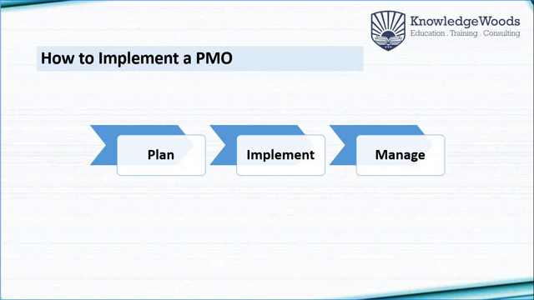Now let us take each of these stages in detail. We'll run through the basic steps we do in each of these phases or stages, and we'll also discuss the deliverables that we get out of these stages. So the first stage is the plan stage.